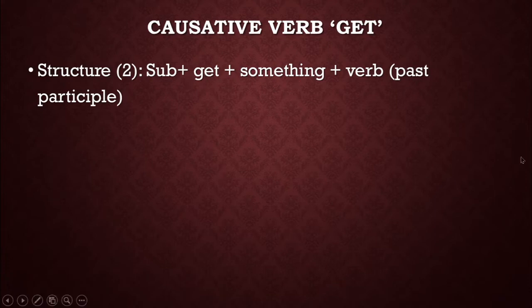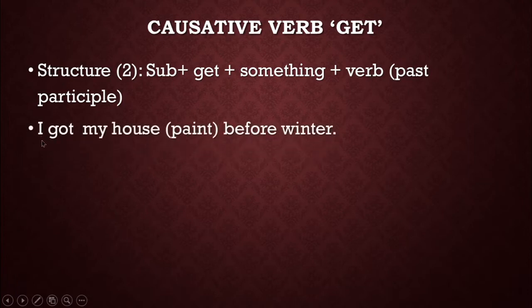Then we use this structure: subject plus get plus something, and then the past participle form of the verb. Let's see this sentence. I got my house painted before winter. Let's take this sentence with the structure. Here we have the subject I, and we have the past form of the verb, got, and then we have something, that is my house.